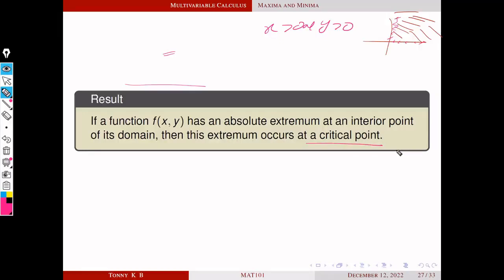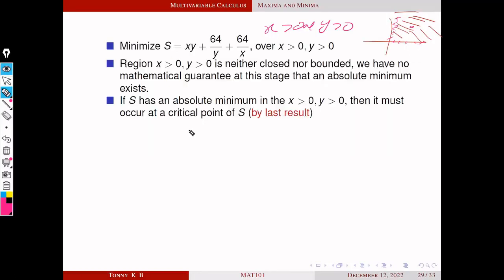That's the result. That means this is only an assumption: if the function has an absolute extremum, then it is at a critical point. Suppose our function S has an absolute minimum on this region, then it is at a critical point. So next we are going to search for the critical points of this function on this region.